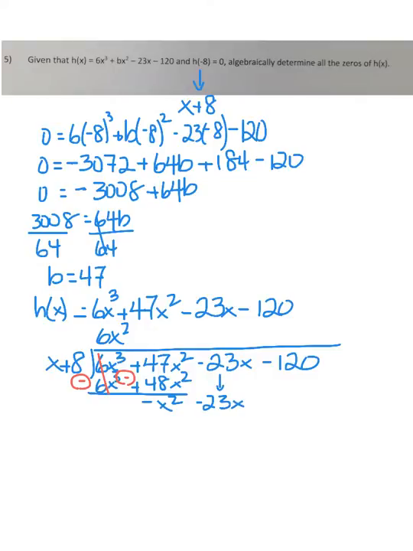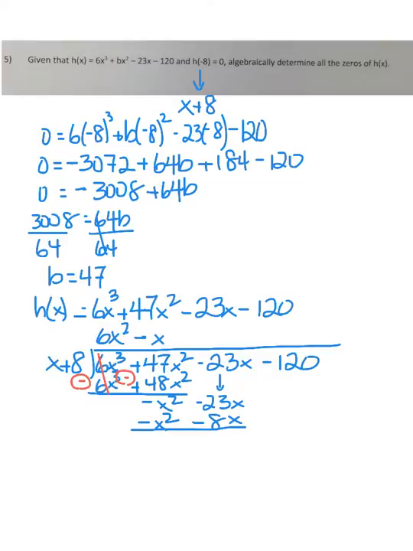All right, so next, I'm going to ask myself, what do I multiply x by to get negative x squared? And that's going to be minus x. So let's distribute that minus x through. So that's going to give me negative x squared minus 8x.